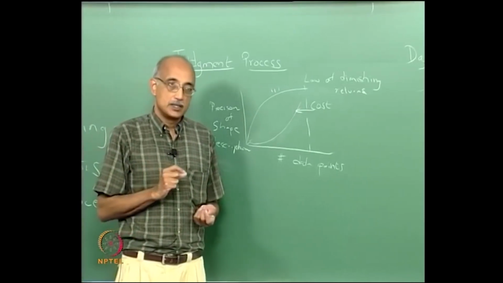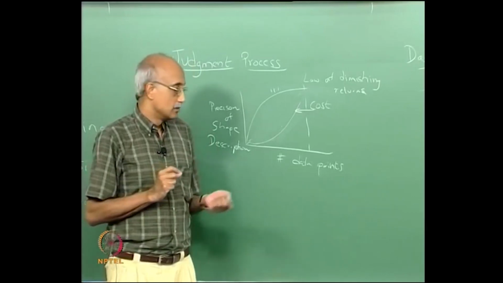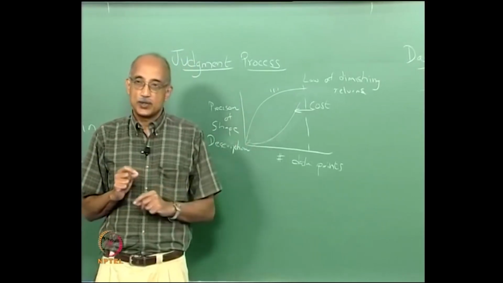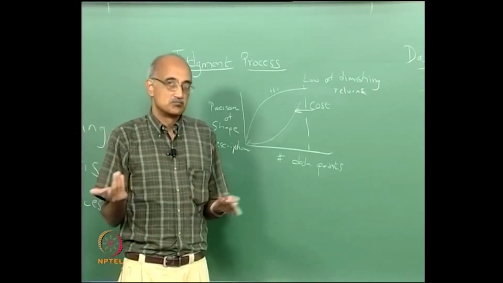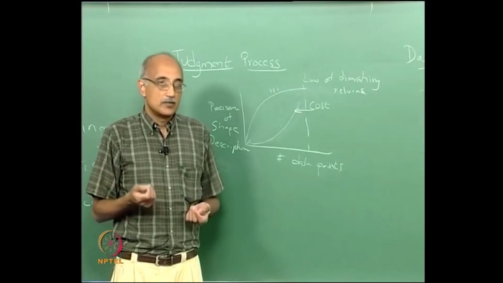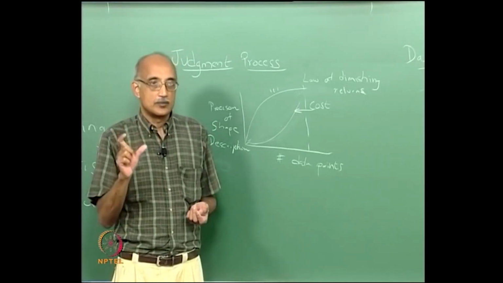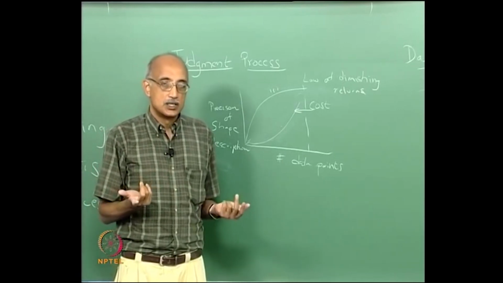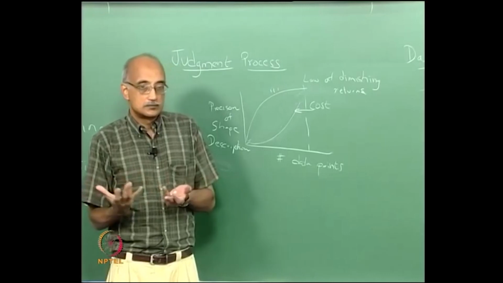So shape is certainly an important parameter or factor, but how much effort do you put into it? I mean, as soon as you know that it's fibrous in nature, you'll probably stop. You don't need a very, very precise estimation of what is its length to diameter ratio. All you want to know is, is it roughly spherical? Is it roughly crystalline?